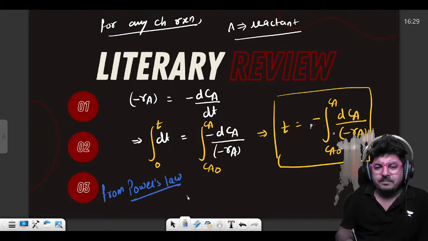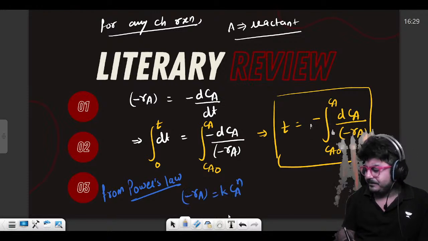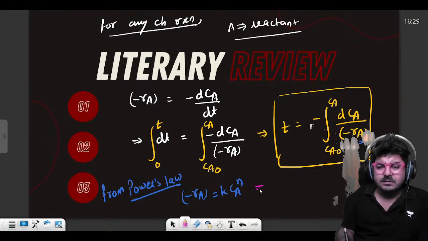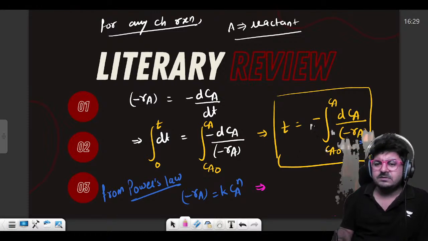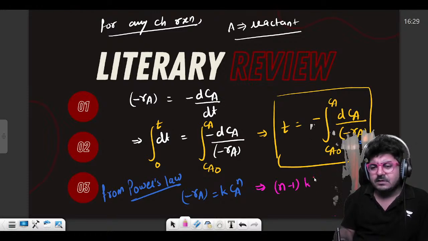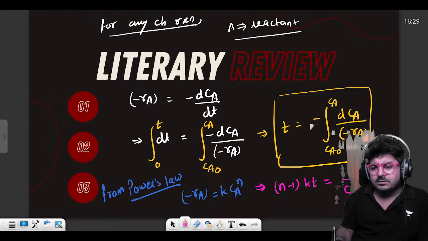I hope you know from power law, suppose it is an nth order reaction. So minus Ra can be written as k Ca power n. When you put this value here, ultimately your equation on solving comes out to be (n minus 1) k t equal to 1 upon Ca power n minus 1 minus 1 upon Ca0 power n minus 1.